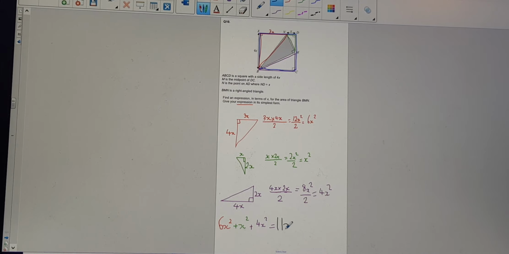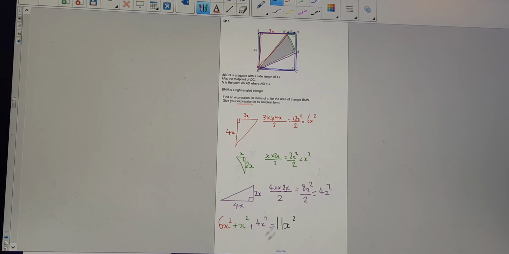That's the total area of all of the bits that I don't want. A square, and then I'm taking away the sum of these 3 triangles.